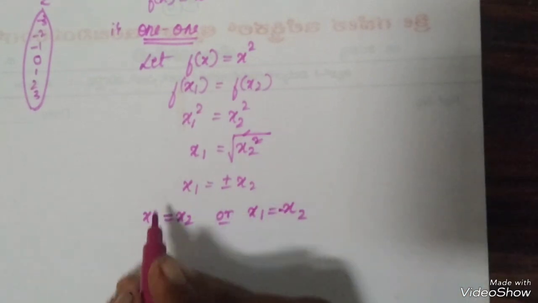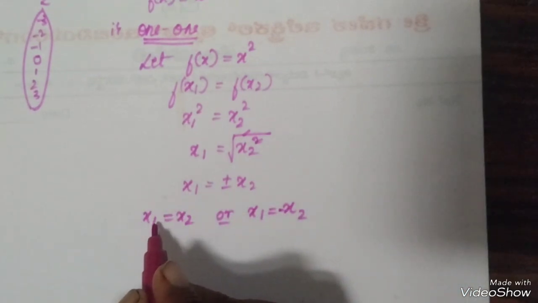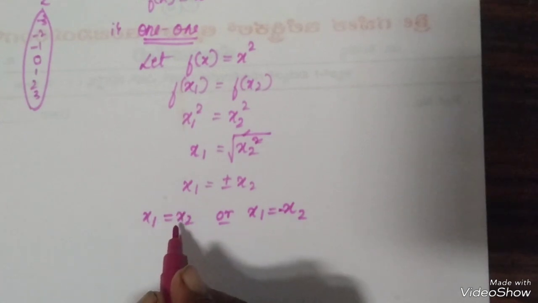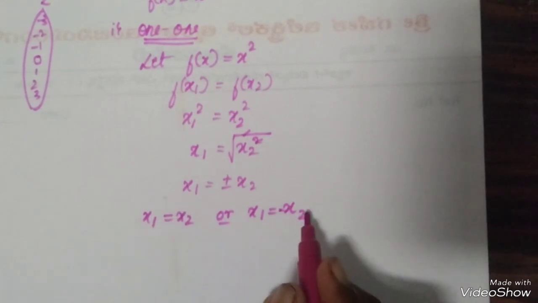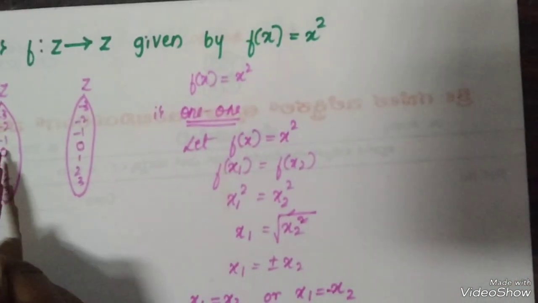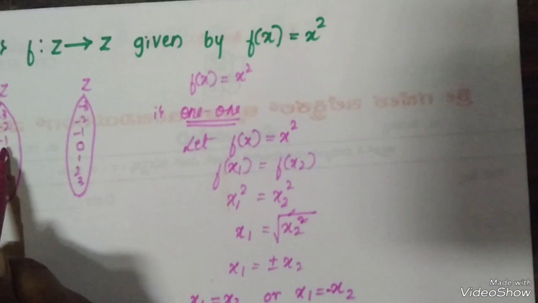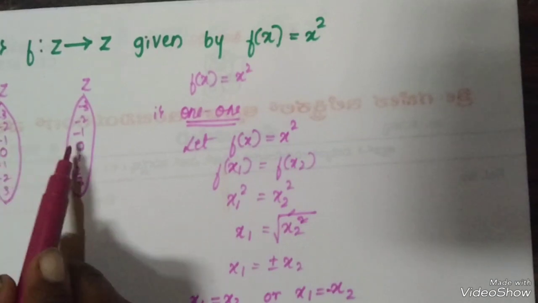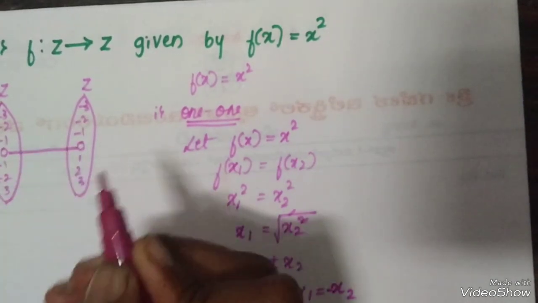When we substitute x1 equals 1, then x2 is sometimes positive, sometimes negative. For example, substituting x equals 0, we get image 0.